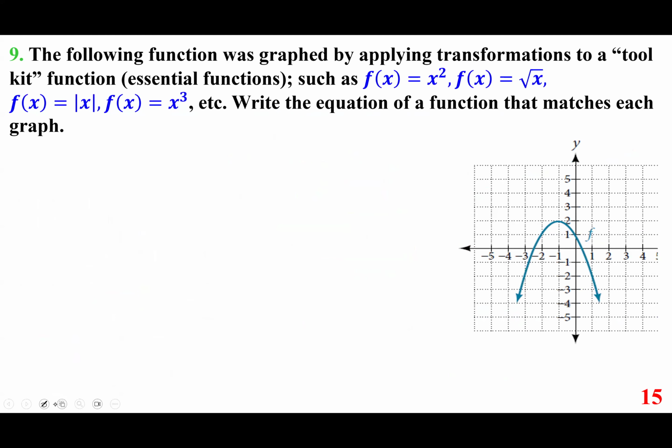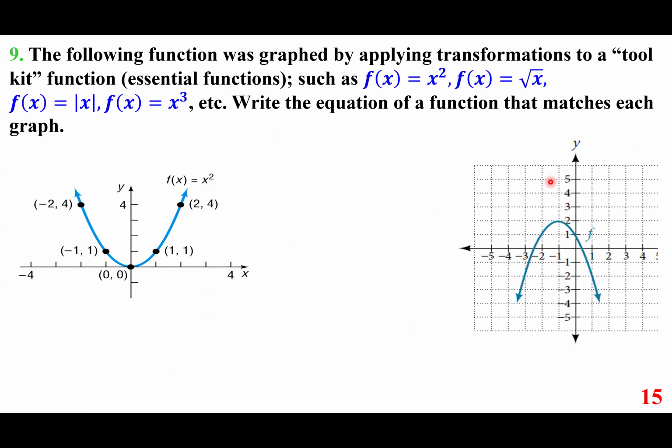Again, we are familiar with various essential functions. So the following function was graphed by applying a transformation to a toolkit function, come up with the answer. Just the same as the previous pages, we should know the basic functions, so we should know what this looks like. Obviously, this comes from the original parabola, which is y or f of x equals x squared with the vertex at 0, 0.